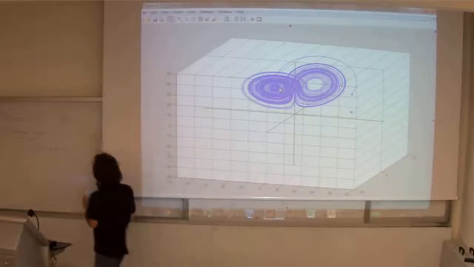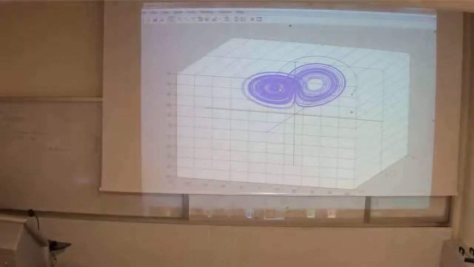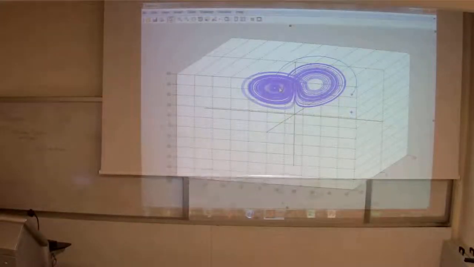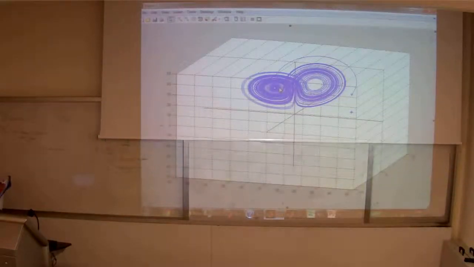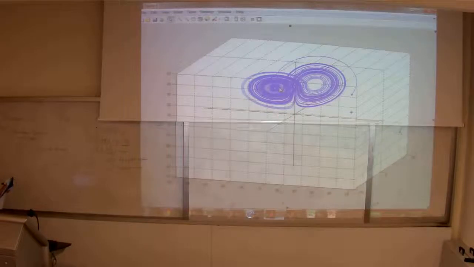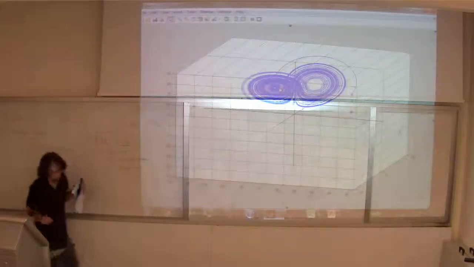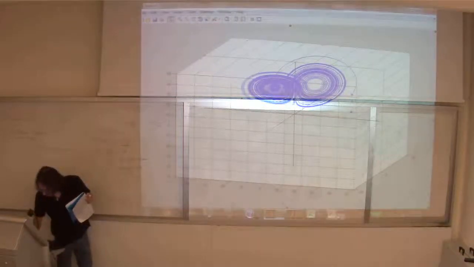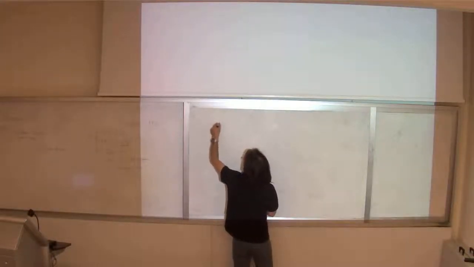Okay, so Lorenz's discovery led to the definition of chaos. And so I will give some properties. Okay, back here. Our definition, write it in green.